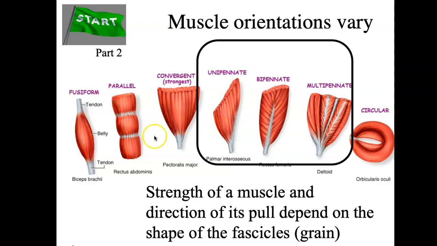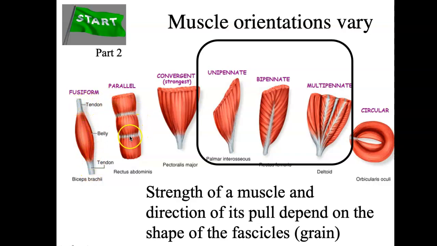And then some of the common shapes here. Biceps brachii. So your biceps has a belly in the middle, a tendon on each end. So that's going to be fusiform. Parallel, your six-pack, rectus abdominis, right? They don't seem to converge on a tendon at either extremity.